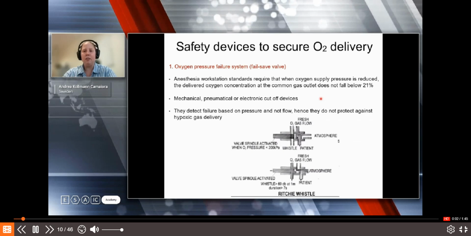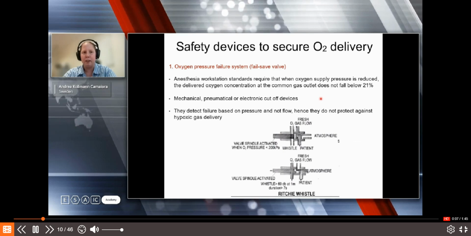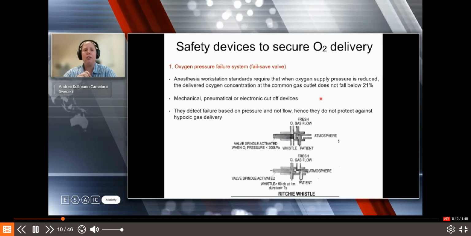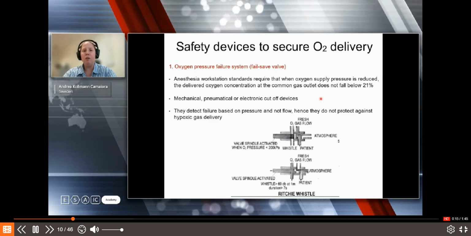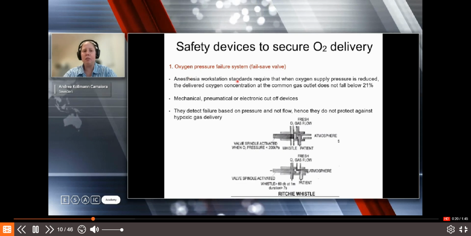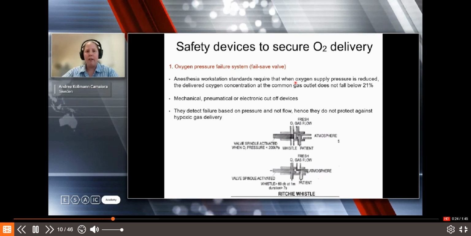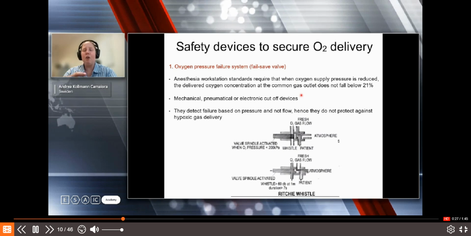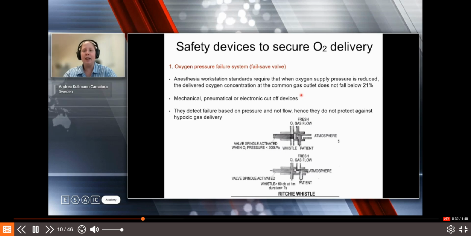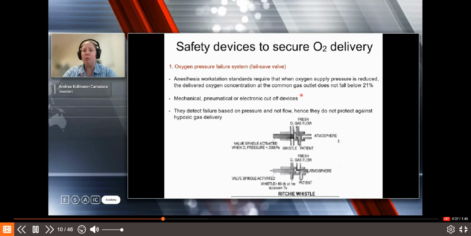So we're going to discuss briefly the safety devices to secure the oxygen delivery. So the first safety device we're going to talk about is the oxygen pressure failure system, also known as the fail-safe valve. So anesthesia workstation standards require that if the oxygen pressure is reduced, then the delivered oxygen concentration at the common gas outlet cannot fall below 21%, because 21% is what we're used to breathing.